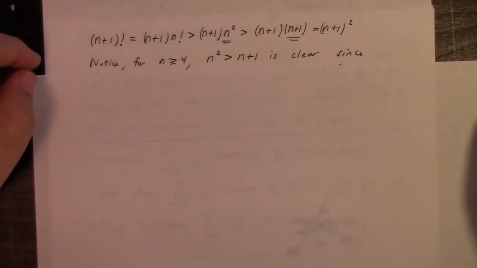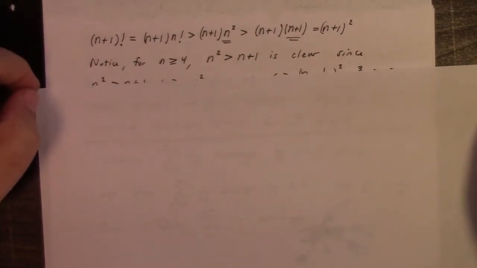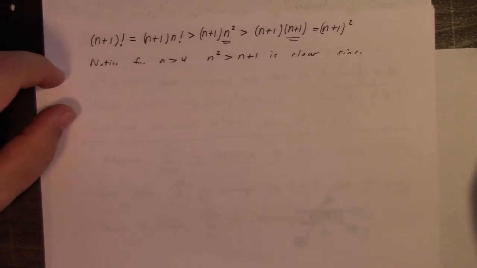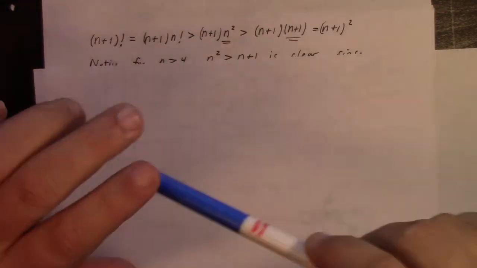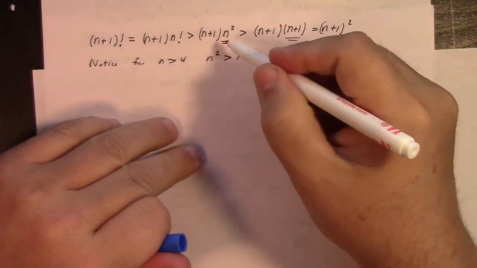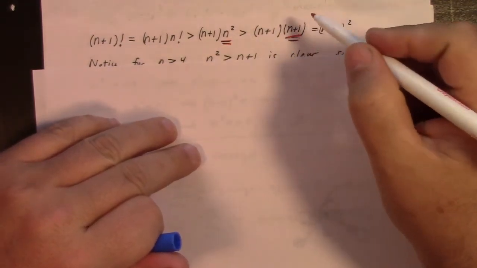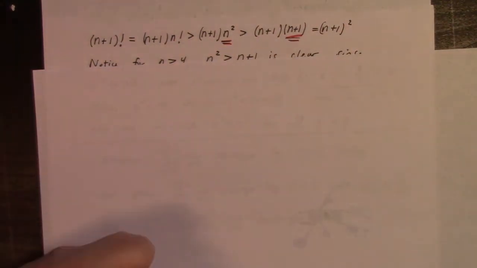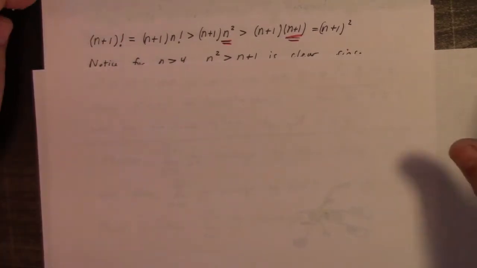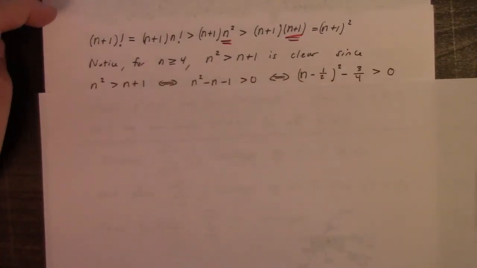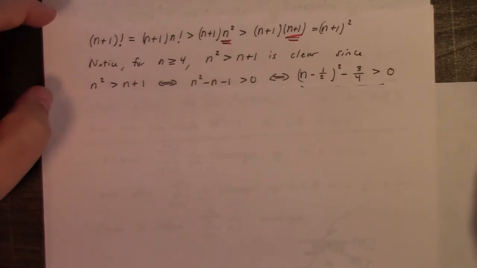The thing that needs more attention, that's not entirely obvious, is why n squared is greater than n plus 1 for n larger than or equal to 4. And so I give arguments for that down here.